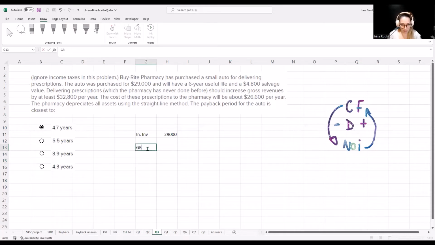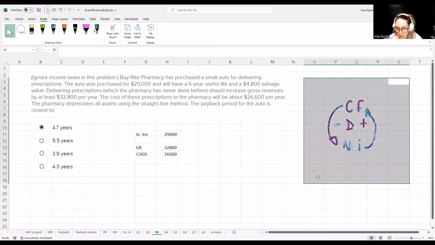So this is my gross revenue. And the cost of this prescription to the pharmacy, what is cost of goods sold, right? Will be $26,600. We kind of don't need that right there.